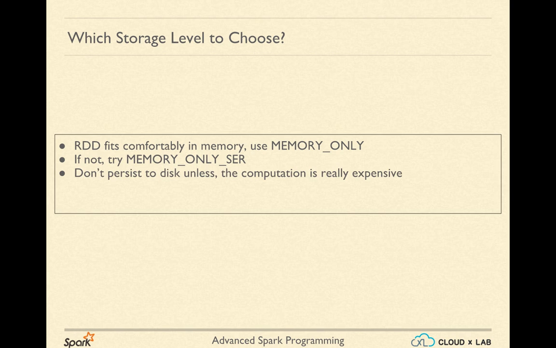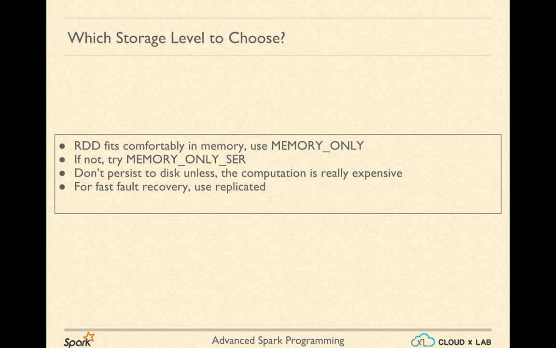Do not spill to the disk unless the functions that computed your datasets are expensive, or they filter a large amount of data. Otherwise, recomputing a partition may be as fast as reading it from the disk.